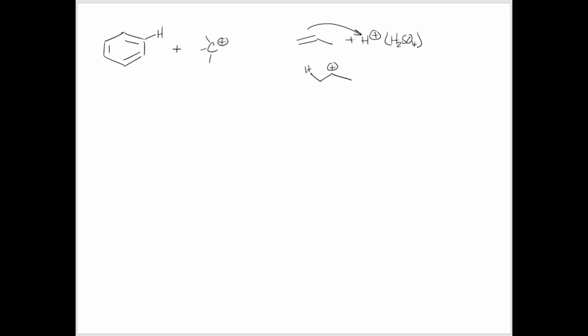That secondary carbocation would react with the benzene ring, and it would substitute for any of the hydrogens. It would substitute a hydrogen with, in this case, the isopropyl group. So that's one way we can generate a carbocation, by reacting an alkene with H plus.